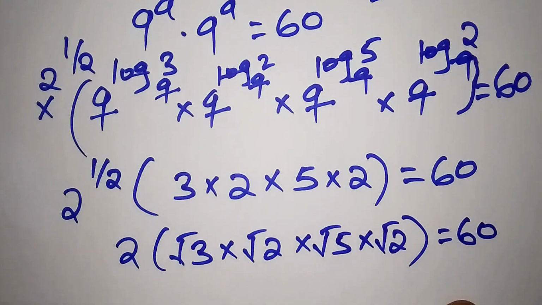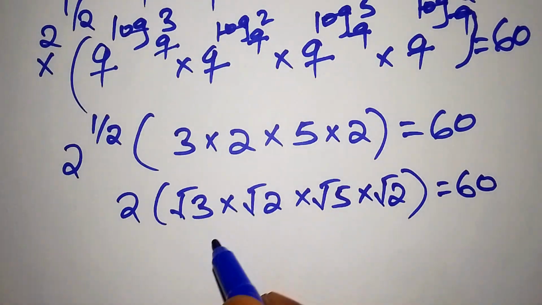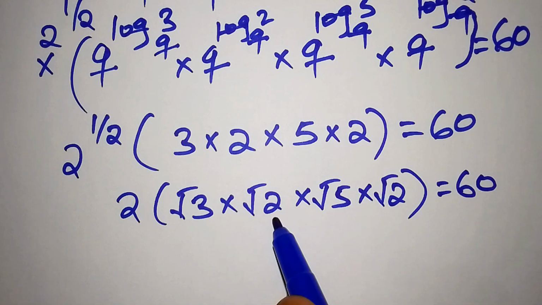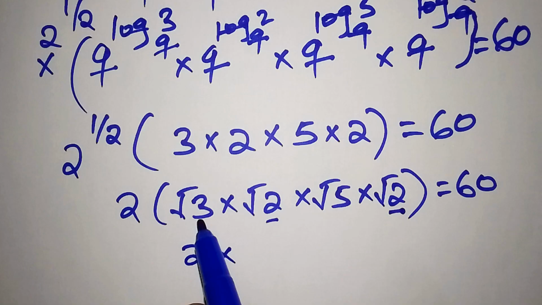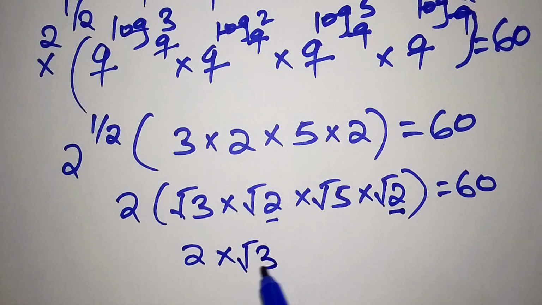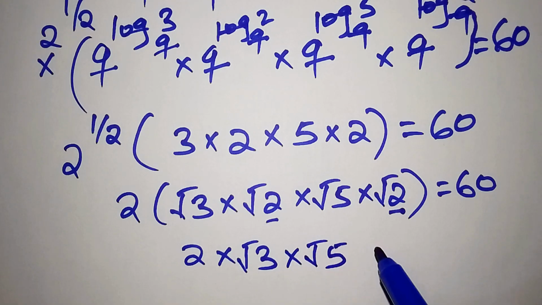Here, because 2 and 2 is common, we shall now have 2 multiplied by the root of 3, multiplied by the root of 5, is equals to 60.